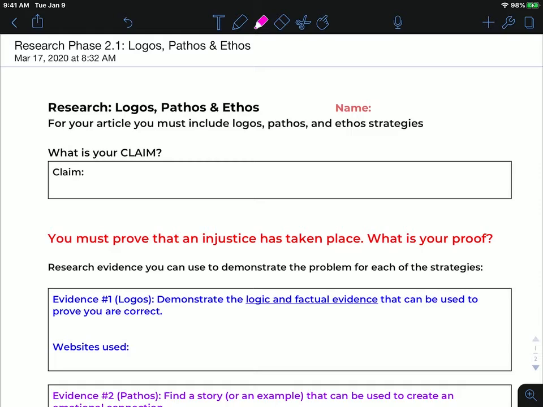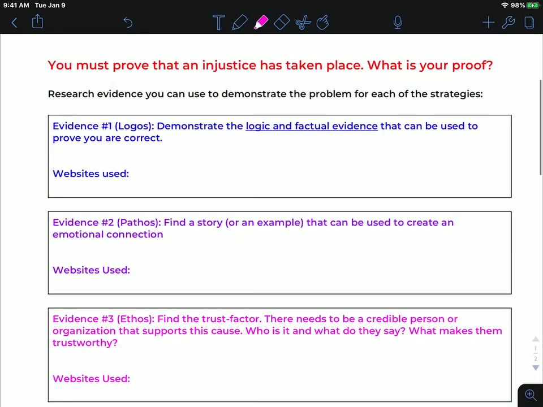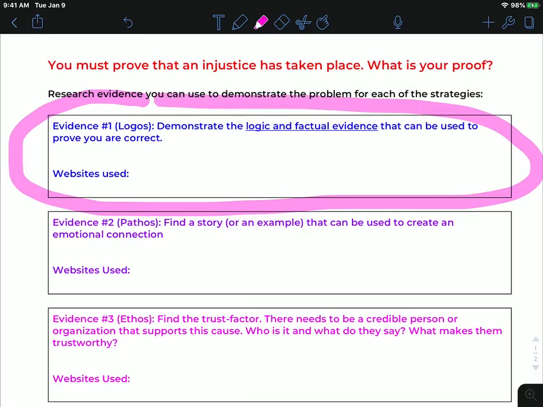So let me just take you to the first piece here. All right, so this is the logos, right? So this is where you guys are going to find those statistics that support what you said in the research piece. So some of you mentioned, for example, that police brutality has been a problem for a long time, right? That's very general. What you'll need to do is find specifics, like how far back can you go with police brutality?